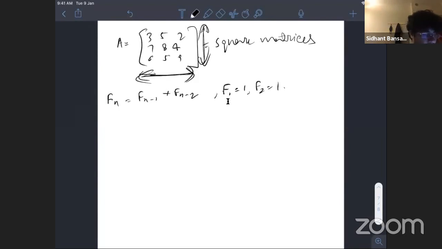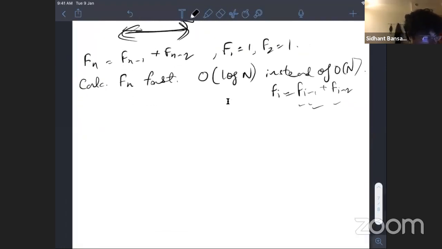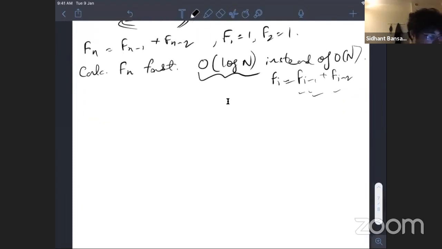Our motivation is to calculate F of n in order log n instead of order n. The slow method is just going through a for loop and calculating Fi equals Fi minus 1 plus Fi minus 2 and so on. That's the slow method. We want it to be fast, something like log n.